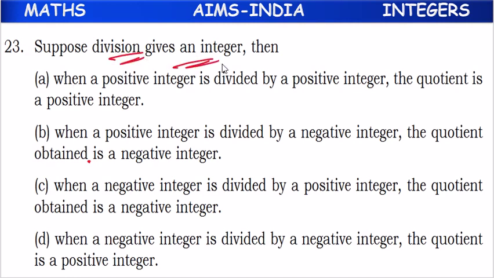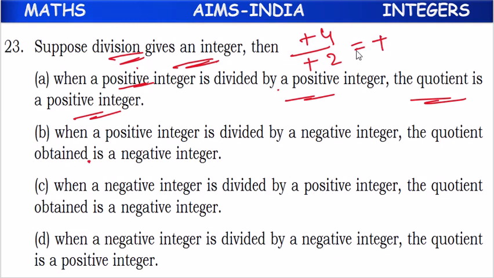Next, division of integers. When a positive integer is divided by a positive integer, like 4 by 2, plus by plus equals plus, 2 times 4. So the result will be a positive integer. This means when the numerator is positive and the denominator is positive, the result will be positive.